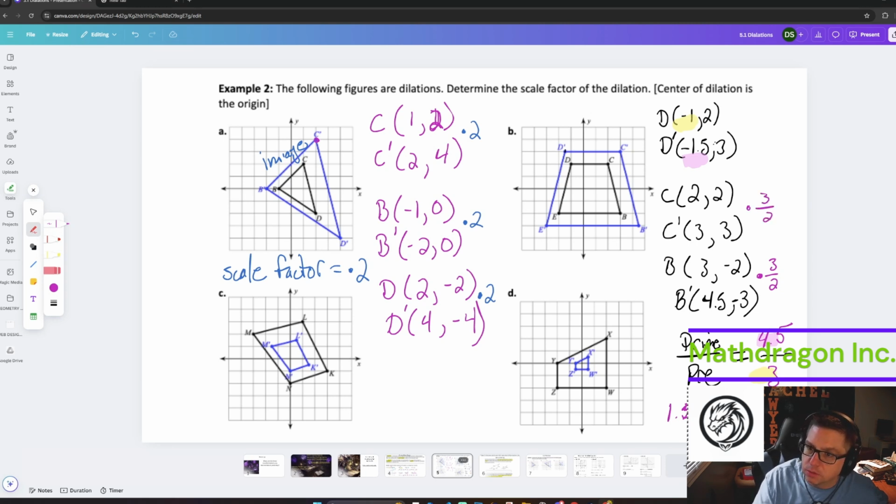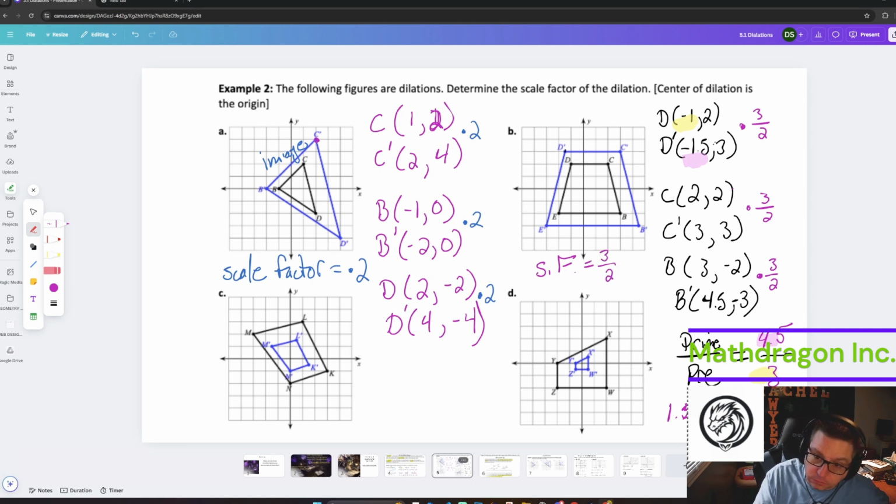If I do 2 times 3, that's 6 divided by 2 is 3. So remember, we're taking the x and the y values, multiplying it by this, and you should get this outcome. So negative 1 times 1.5 is going to be negative 1.5. 2 times 1.5 is going to be 3. Oh, so it looks like our scale factor is going to be 3 over 2.